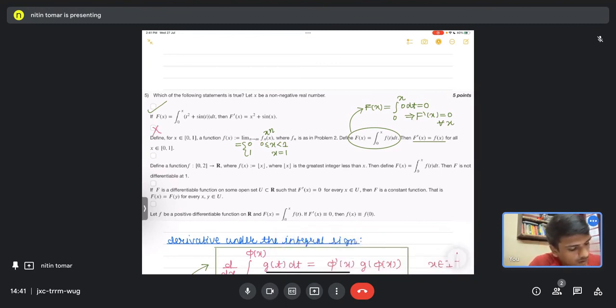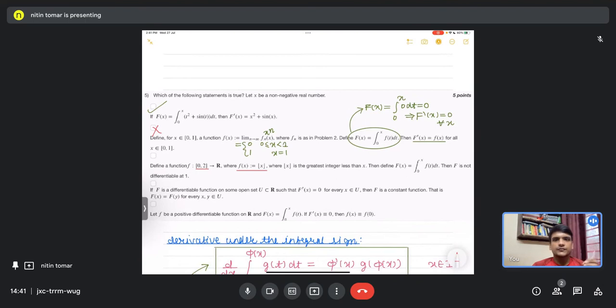Now the third question is interesting. Now we have a real valued function on 0 to 2, and it's the greatest integer function. Greatest integer function means, if you imagine a real line, you take a number and the integer closest to the left of it is the greatest integer value.